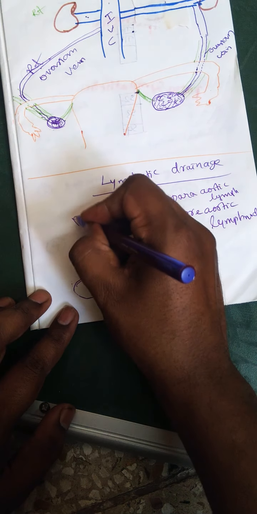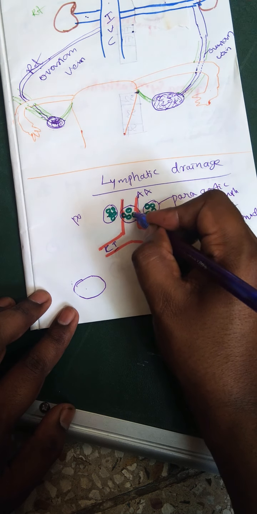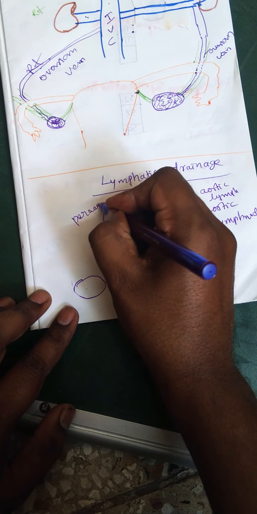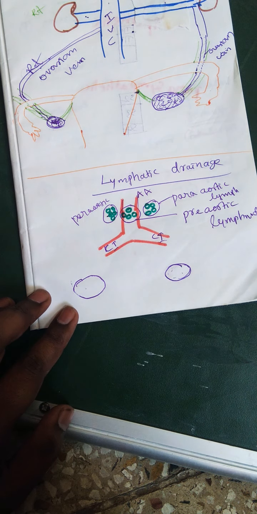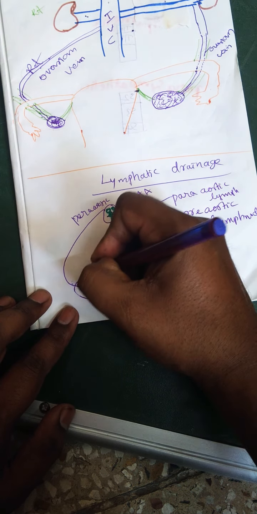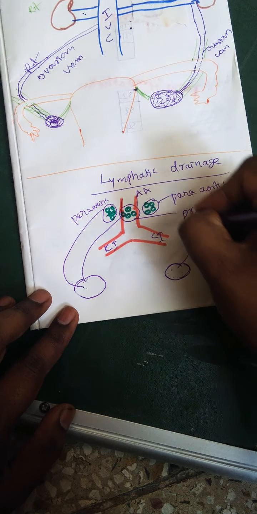Both sides. Here you have a set of pre-aortic lymph nodes and two sets of para-aortic. So lymphatics drain into pre- and para-aortic lymph nodes.